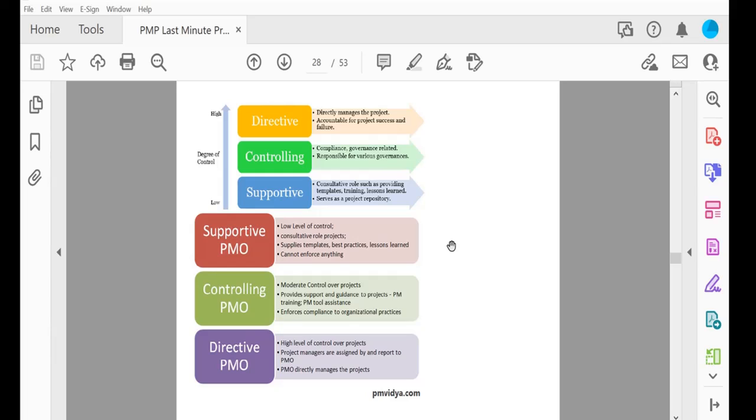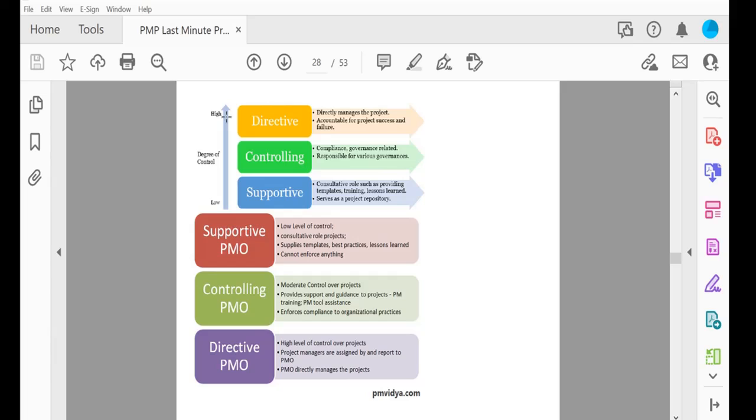And controlling means the organization controls and governs various types of projects. Supportive has low power, and controlling, compared to supportive, has more power. Then directive has high power. So power means degree of control, how they control the project.